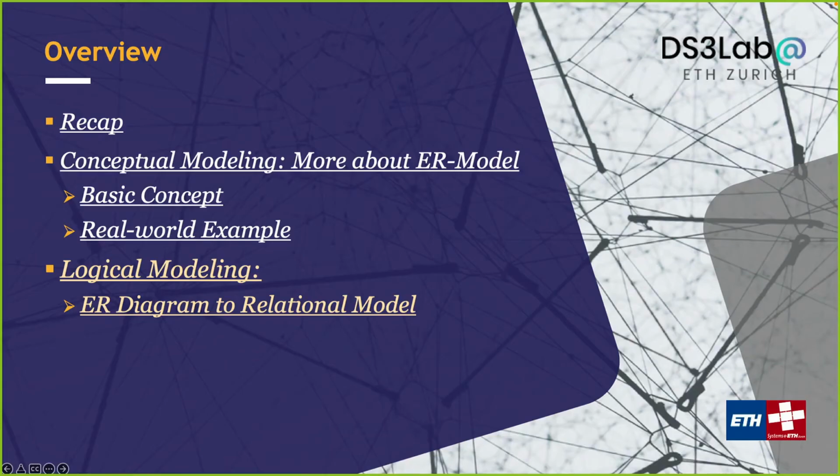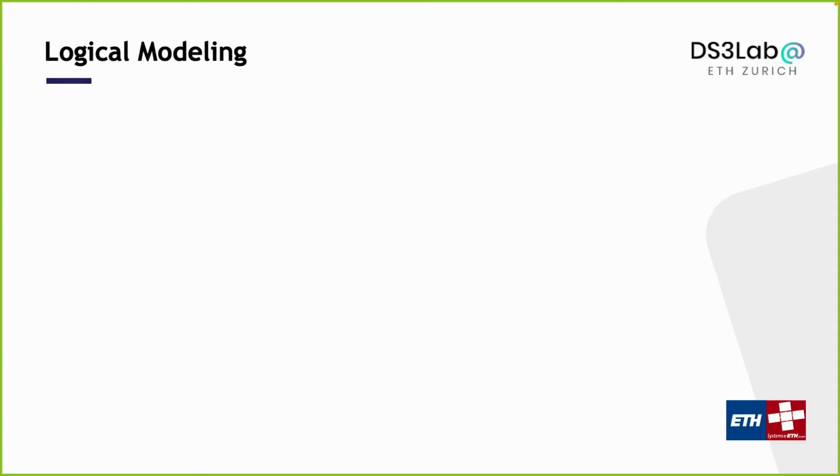Great. Now we understand how to do conceptual modeling: given one application, how can we model it using an entity relationship diagram? Now let's talk about the second step to model your application, a step that we call logical modeling.